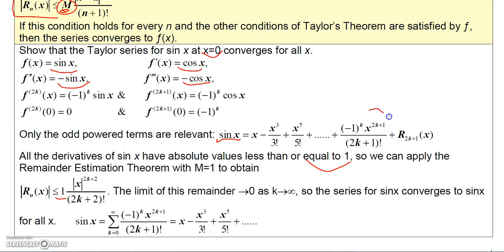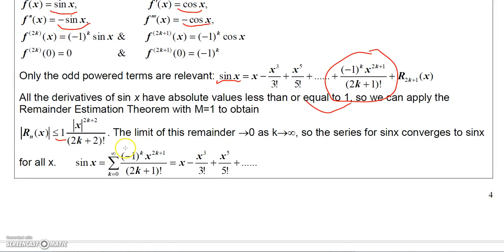Since this is the kth term, we need to add 1 to each of these. So we would get the absolute value of x raised to the 2k plus 2, divided by (2k plus 2) factorial.